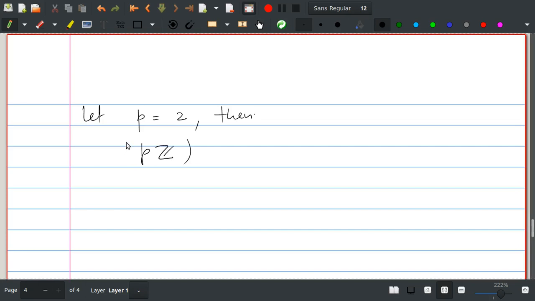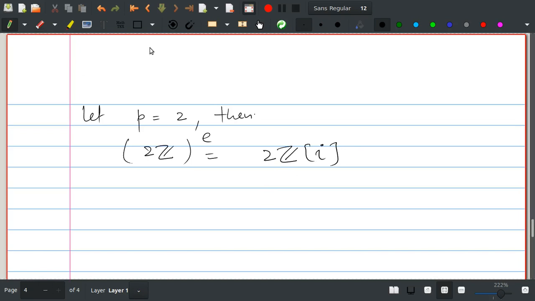So pZ extension is actually the ideal generated by p in the ring of Gaussian integers. But p is 2 here, so this is 2 times Z[i], the same as this ideal here.